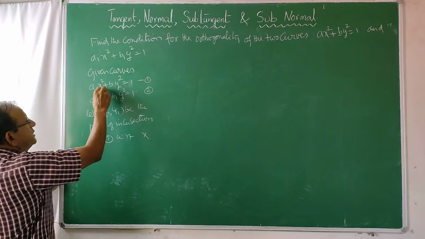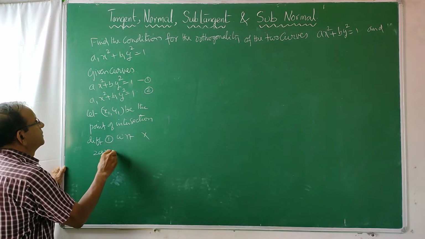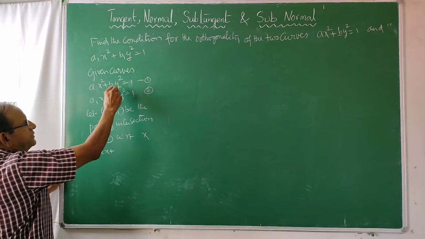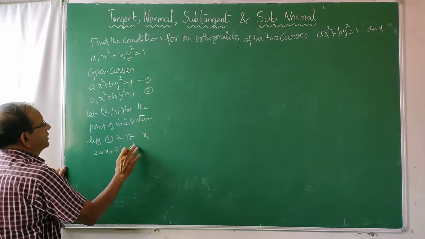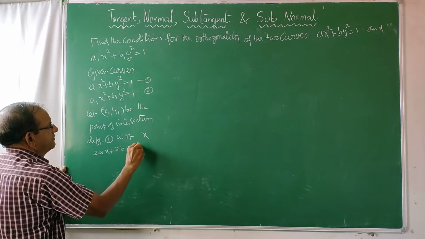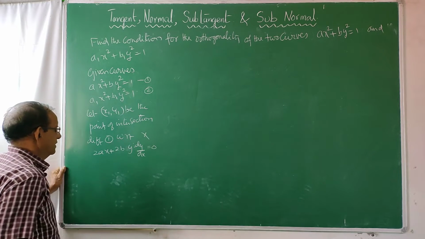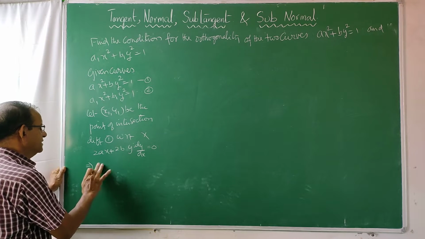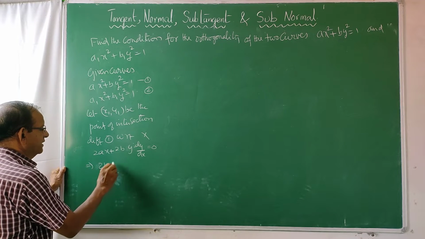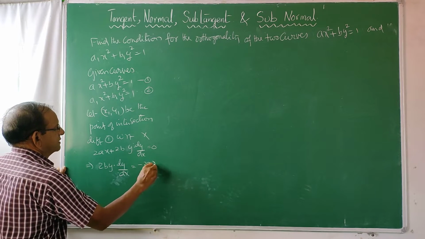A into x square derivative is 2x, 2ax plus y square derivative 2y into dy by dx into b is there. So 2b into y into dy by dx. For 1 it is 0. So you write 2by into dy by dx equal to minus 2ax.